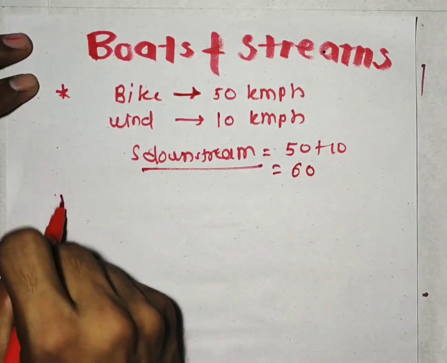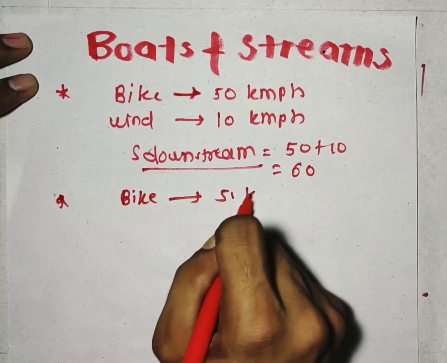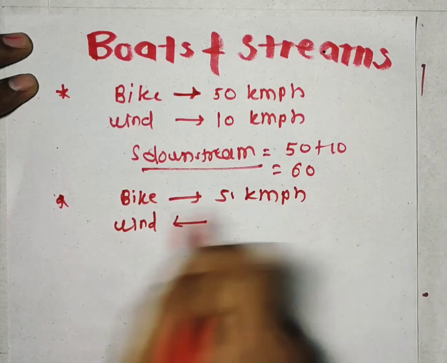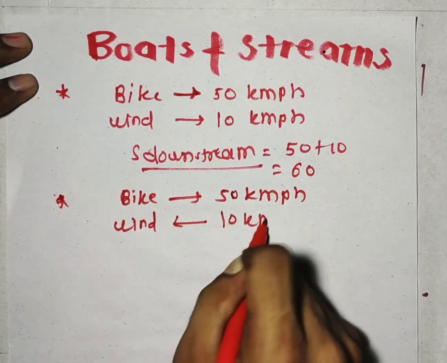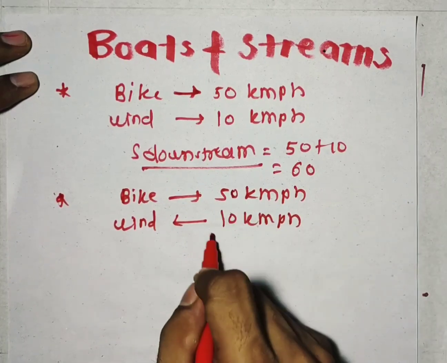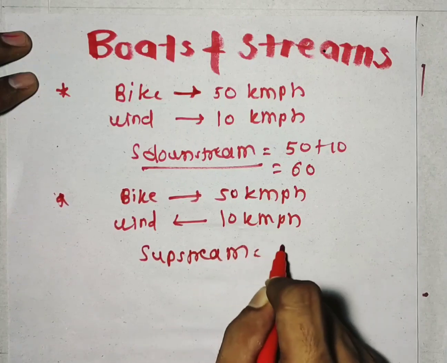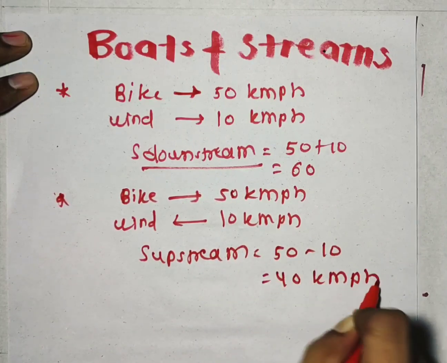Okay. Now if the bike is going in this direction with a speed of 50 km per hour and the wind starts blowing in the opposite direction, with a speed of 10 km per hour, then the resultant speed is called the upstream speed, and it is nothing but 50 minus 10, which is equal to 40 km per hour.